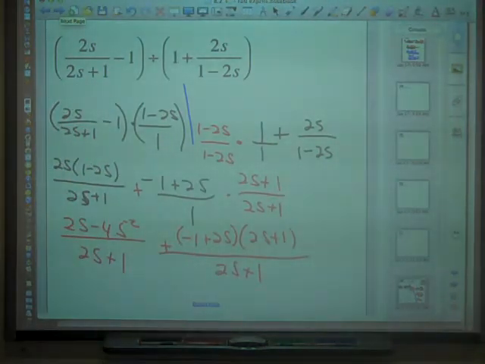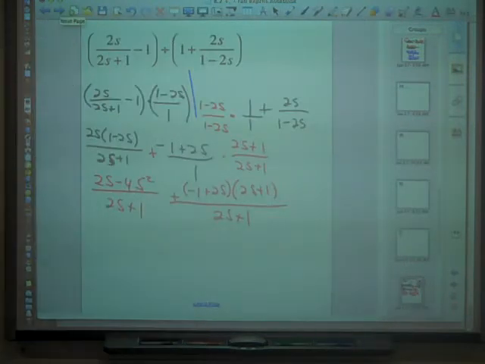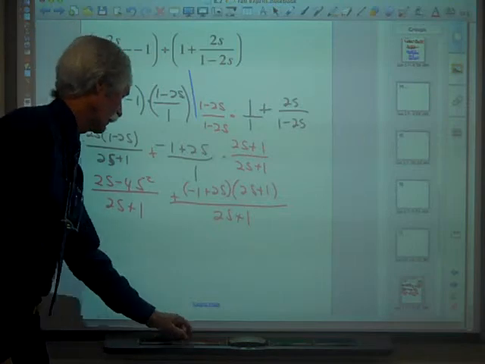So this is sort of way above your syllabus. I don't know why they have such a hard problem. This is more of a pre-calculus kind of thing, or a second year IB kind of thing. Anyway, these now have a common denominator.